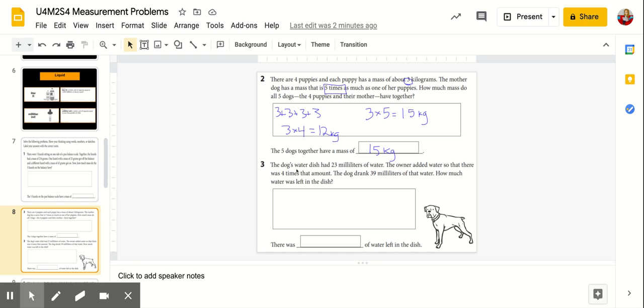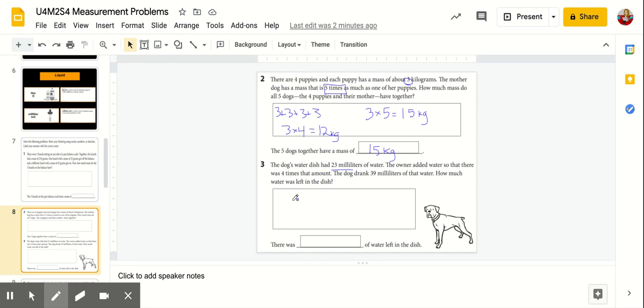So a dog's water dish had 23 milliliters of water. The owner added water so that there was 4 times that amount. So first of all, we need to figure out, the dog drank 39 milliliters of that water. How much water was left in the dish?